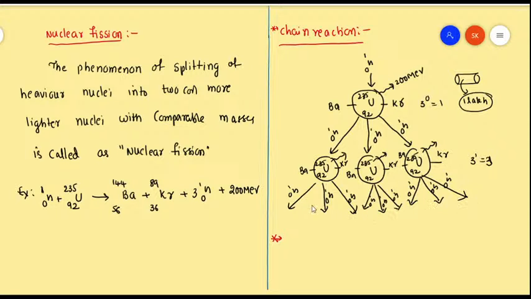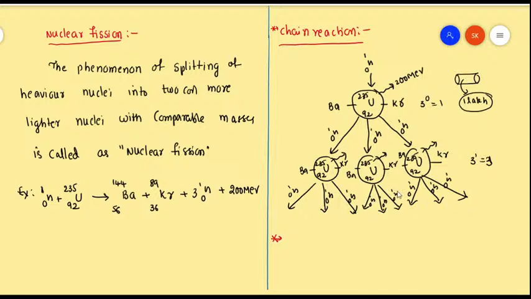Then these released neutrons are completely absorbed, so there is no further neutron to initiate the fission of uranium. Is it right? Then at that moment, can you tell whether the chain reaction stops or not?